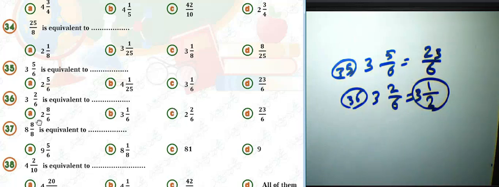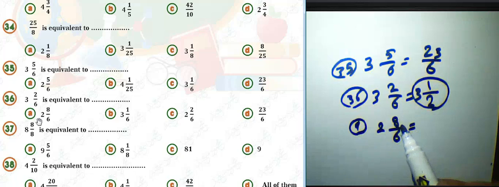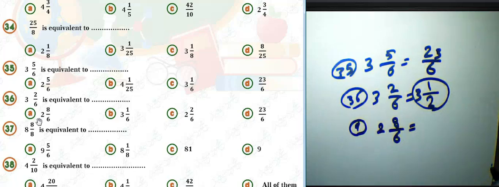Look at letter A here. Letter A, you can simplify letter A here. Letter A asks about 2 and 8 over 6. Look, 8 is greater than 6, so we must convert this improper fraction to a mixed number again. Yes, 8 divided by 6 equals 1 and remainder 2.